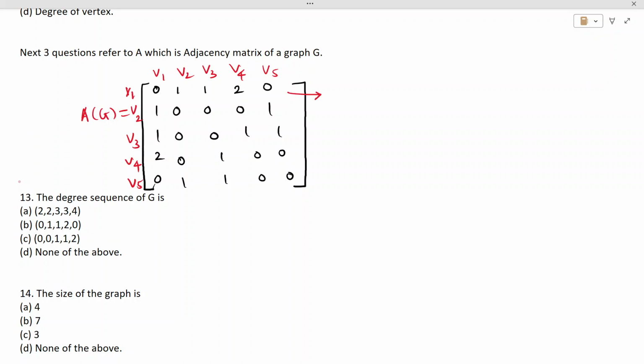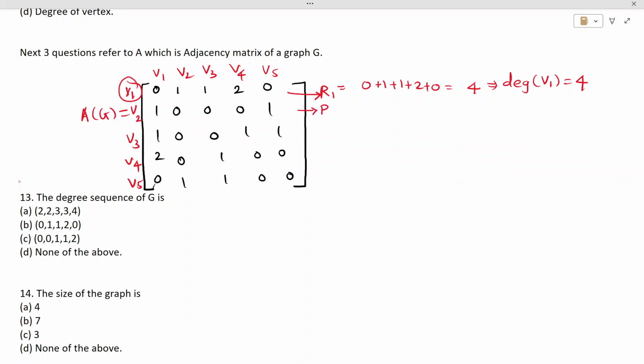Row R1 corresponds to vertex V1. If I sum the elements in R1, which are 0 plus 1 plus 1 plus 2 plus 0, that is 4, then 4 represents the degree of vertex V1. So the degree of V1 is 4.